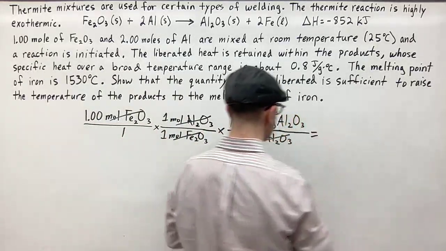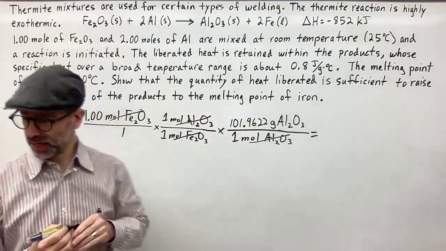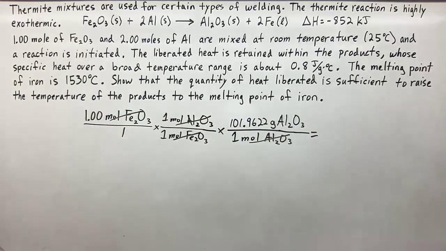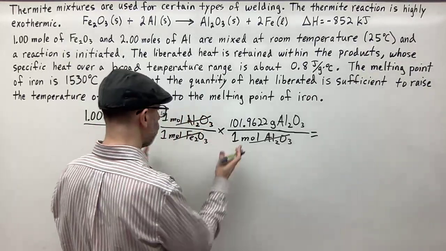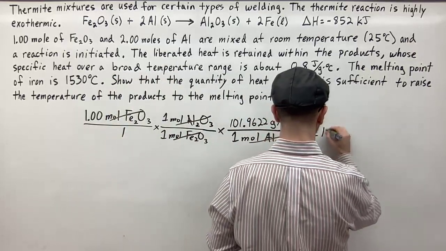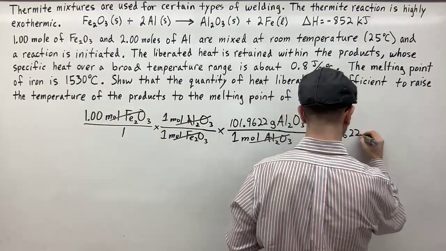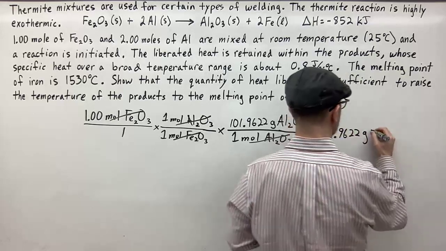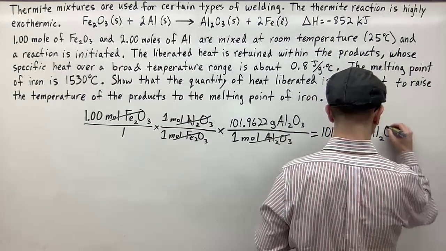Then we multiply across the top and bottom, and since they're all ones, it's going to be 101.9622 grams of Al2O3.